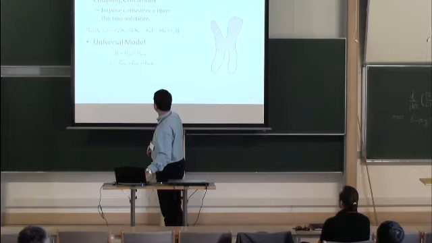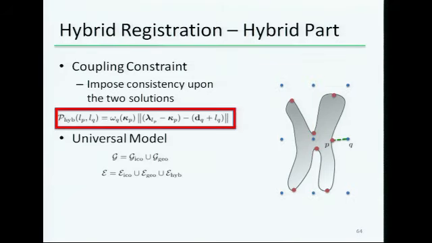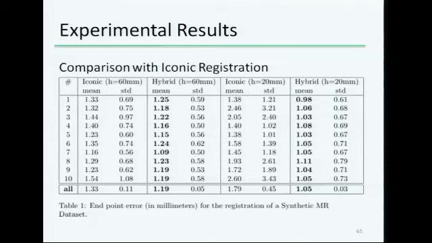So this is done, and I'm going to run again a demo on brain data if you want. Okay. So this is a data set where you have a ground truth. What you are seeing on the left side is the distance for the landmarks. That means this is the actual distance in millimeters. This is if we just do iconic, that means if we just look at the data term, and this is the standard deviation.